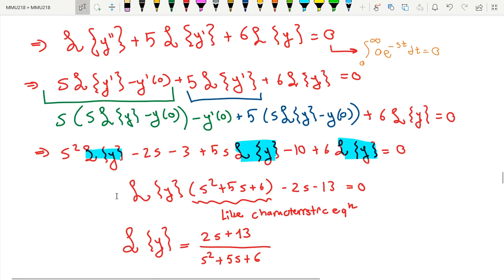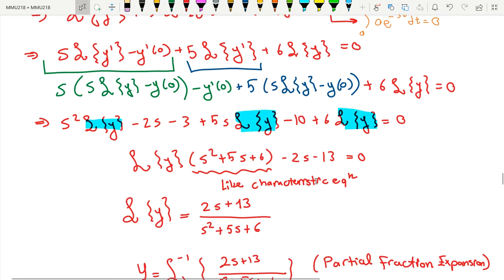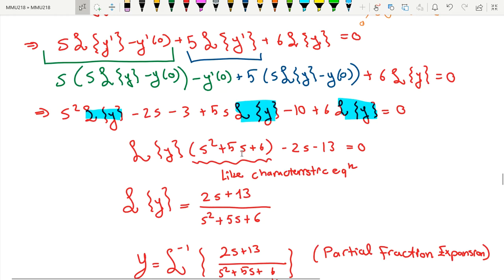But basically what you're interested in is to pull out all the Laplace of y's, get the coefficients in order, and look at the remaining expressions and sort the terms.